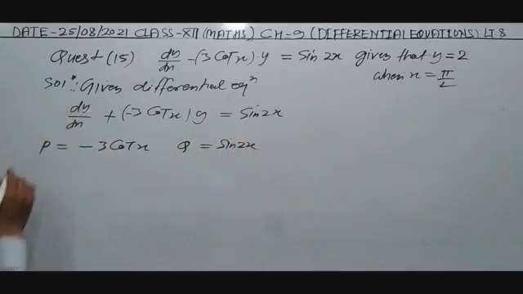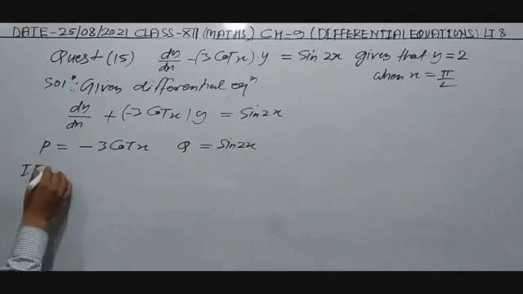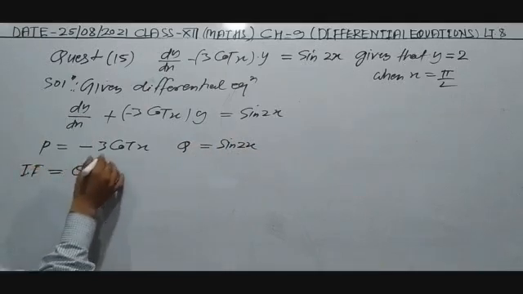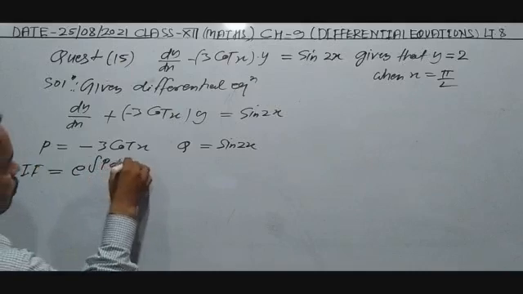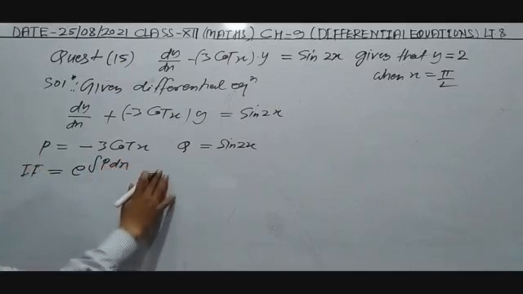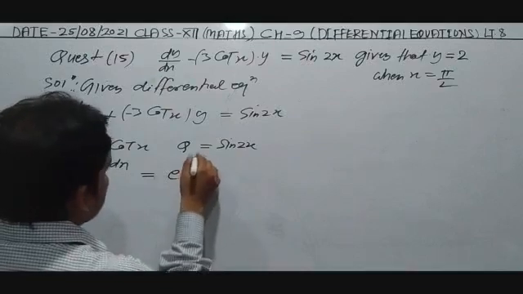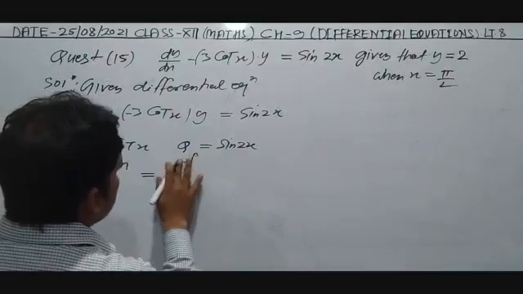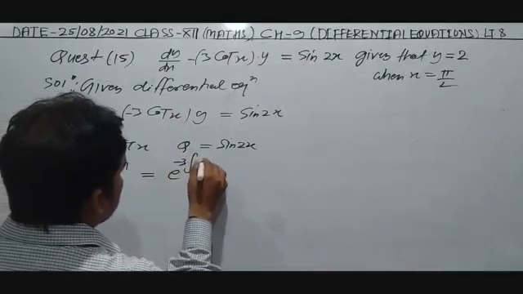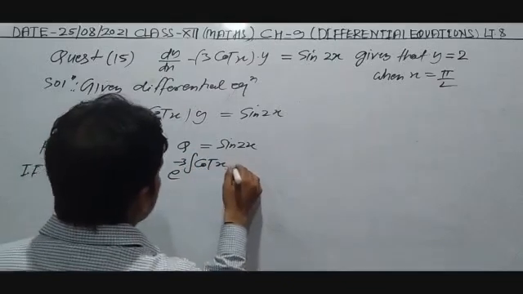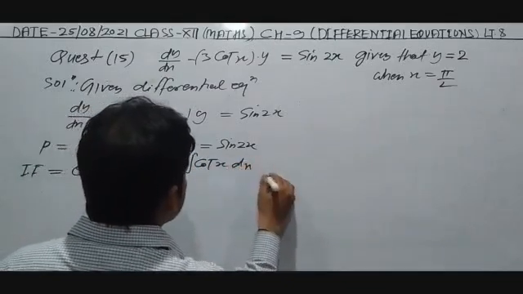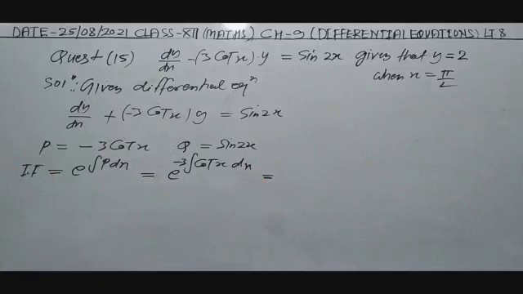So find out the integrating factor. What will be the result of the integrating factor? e to the power integral of p dx. So the result will be e to the power integration of minus 3 cot x dx, and the integration of cot x, you know, is log of sin x.